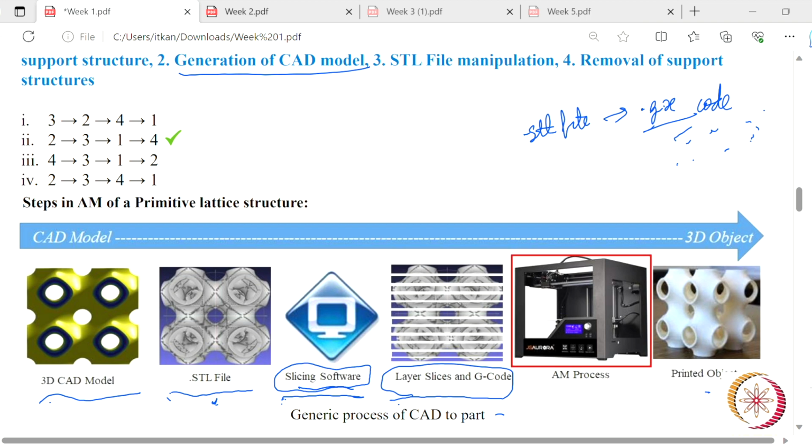So this is an example of a primitive lattice structure of a triply periodic minimal surface. Now this CAD model is usually designed in MATLAB.